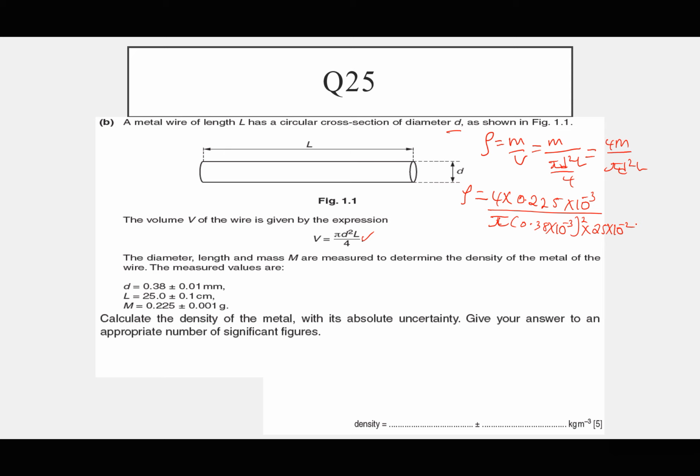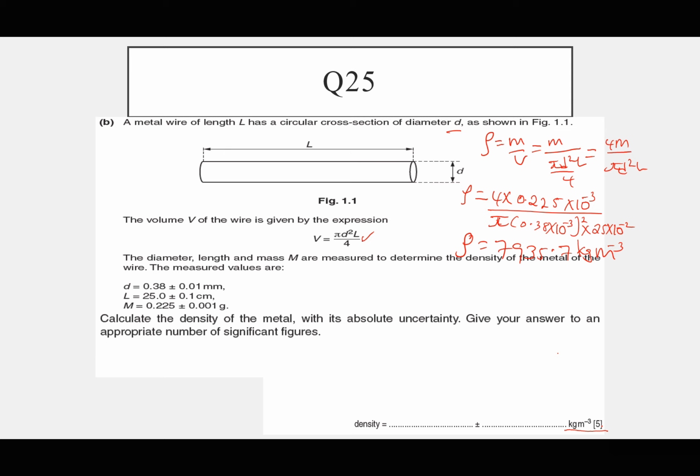So my answer, I'm getting density to be 7935.7 in SI units, kilogram per meter cubed. You can even see this question was 5 marks. That means it involves a lot of work. So resilience is very important.